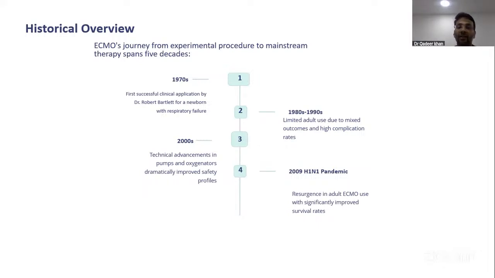Later on, with advances in science and technology, newer membrane oxygenators and compact circuits were used. We started using it extensively in the 2009 H1N1 pandemic, and later in 2020 when COVID started. The rampant use of ECMO has given a new era of organ support and extracorporeal life support.